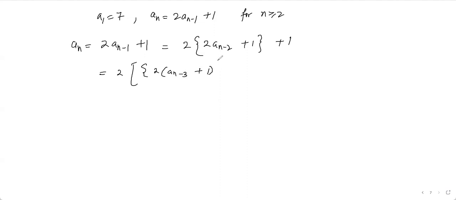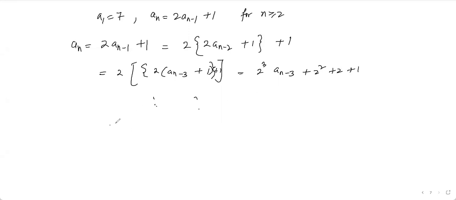So this is 2 times (2 an minus 3 plus 1) plus 1, and this will be 2 cubed an minus 3 plus 2 squared plus 2 plus 1, and so on.